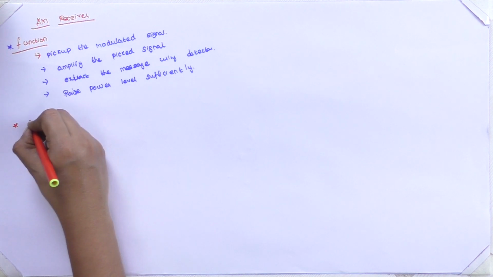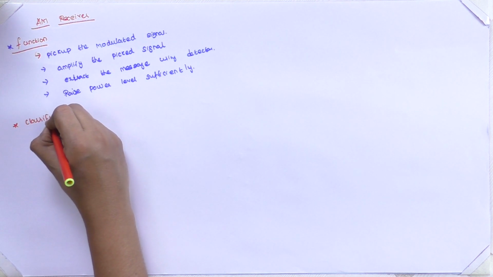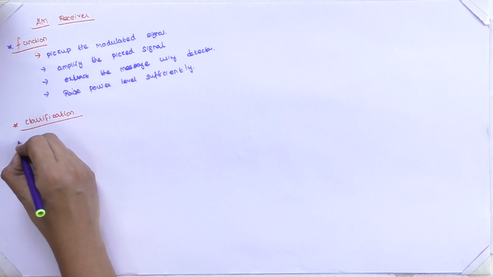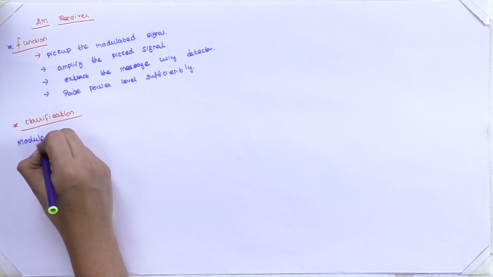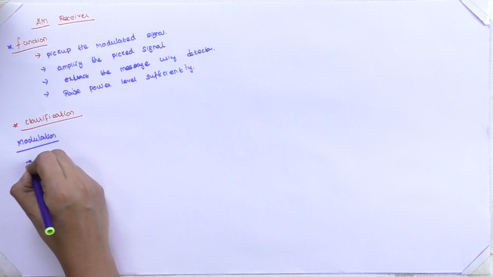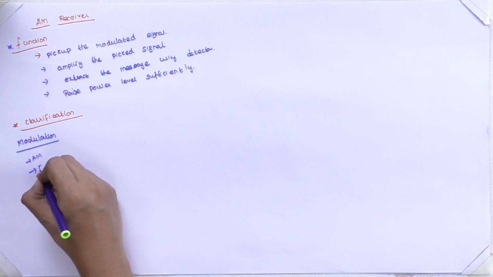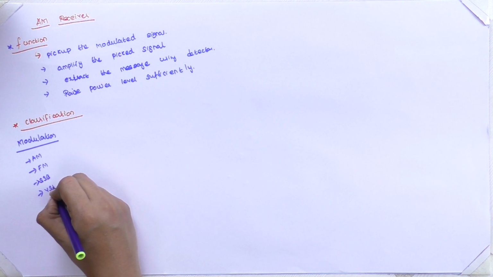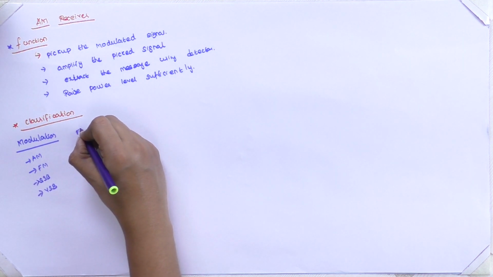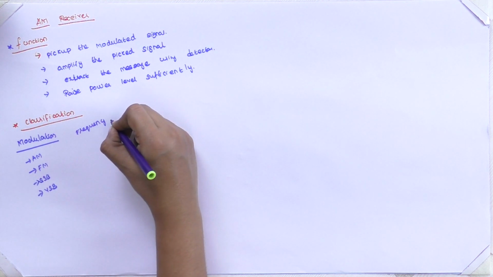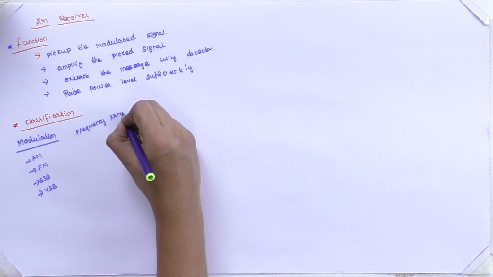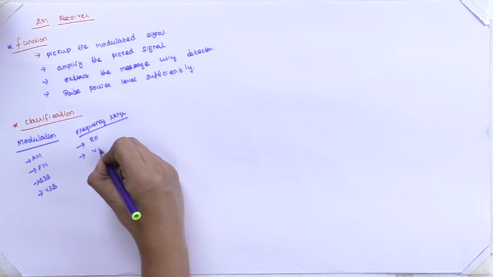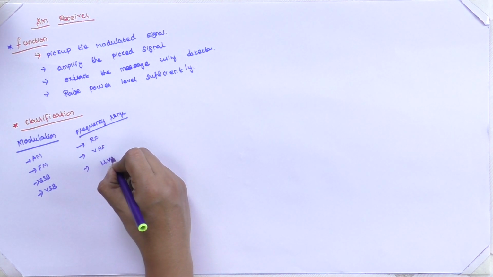And what are all the classifications? Again, similar to our AM transmitter classification, based on the modulation, it can be classified as AM receiver, FM receiver, SSB receiver, VSB receiver. Based on the frequency range, it can be classified as RF receiver, VHF receiver, microwave receiver.